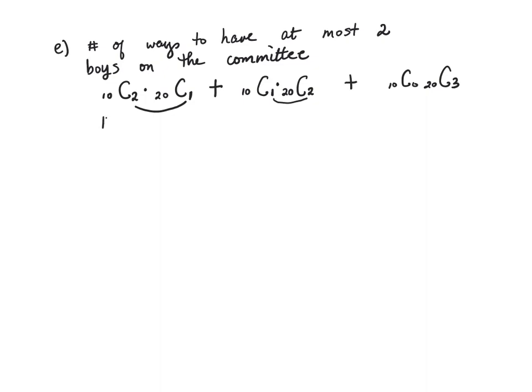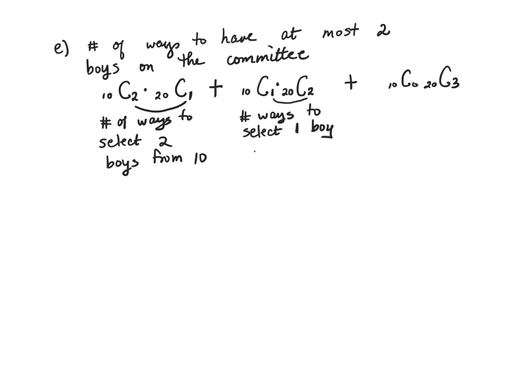So this represents the number of ways to select 2 boys from 10, which implies that we select 1 girl from the 20 because we have a 3-person committee. The number of ways to select 1 boy from 10 and 2 girls from 20.